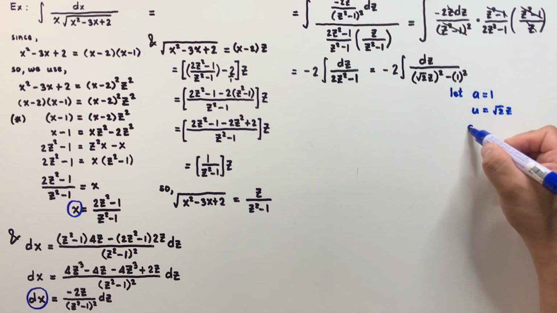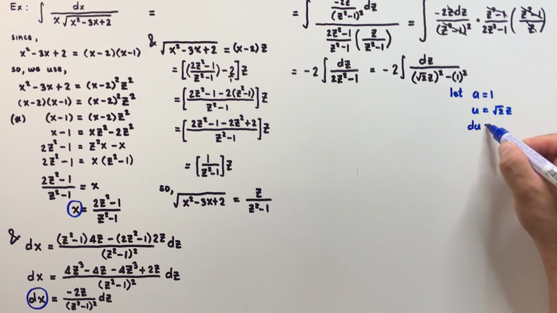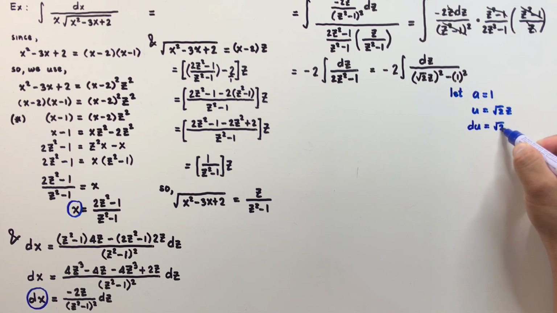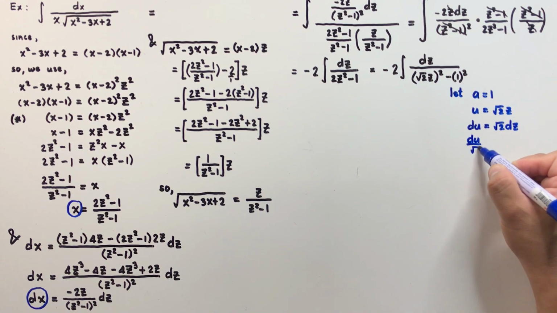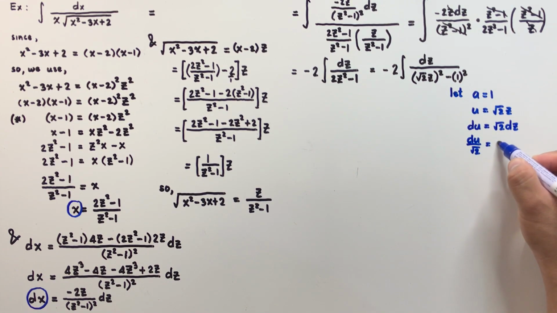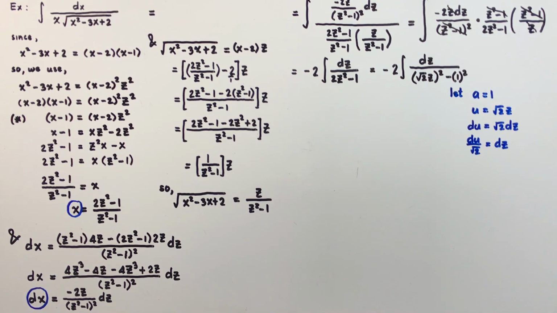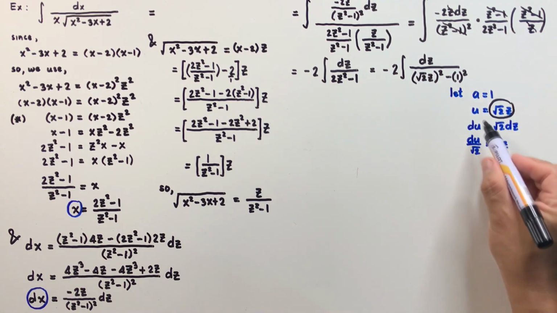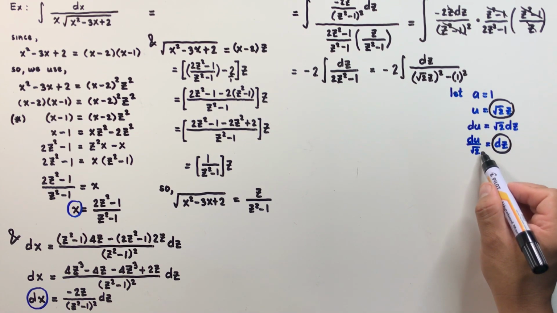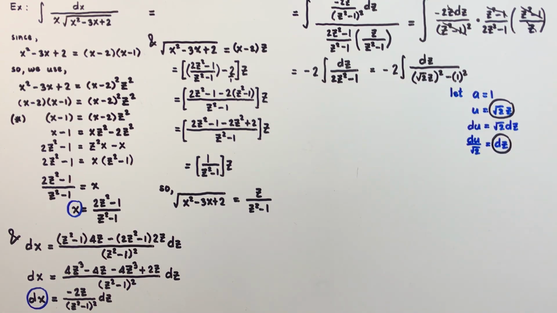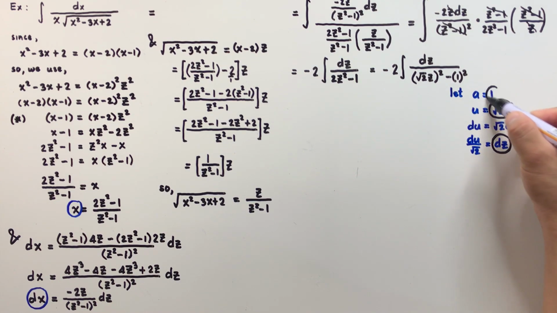So therefore we can solve for our du, and our du is the square root of 2 dz. So therefore our du divided by the square root of 2 represents dz. So we can now use this representation of the square root of 2 times z as u, and dz as du over the square root of 2, and the 1 for our a.